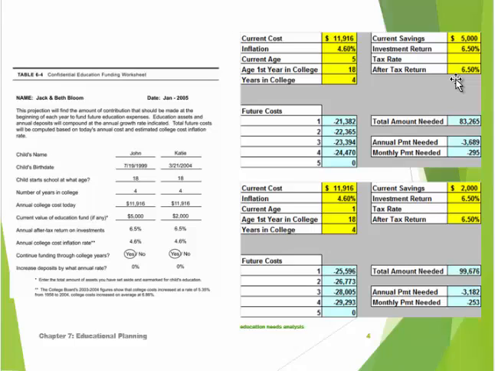Then as it's being used, there could be capital gains, etc. We're going to assume that for the most part, we're going to use the tax-deferred tools to save for college.